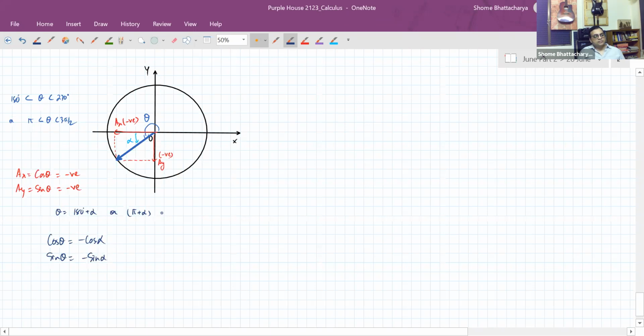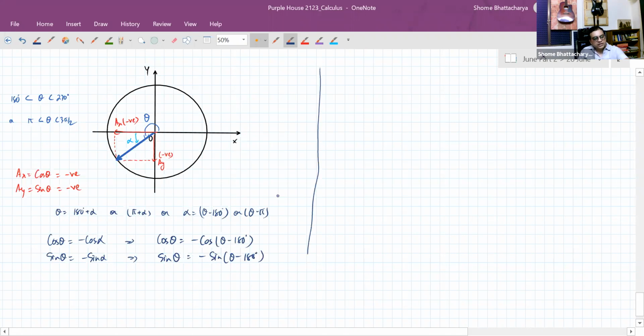But this time alpha is equal to theta minus 180, or theta minus pi. So the formula becomes: cos theta is minus of cos of theta minus 180 degrees, and sine theta is minus of sine of theta minus 180 degrees.